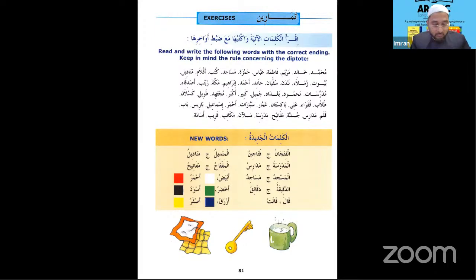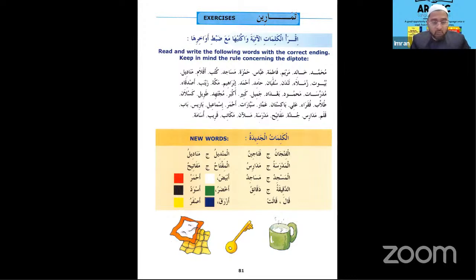Let me explain this now. Give me 1 second, let me write this out. So here, the genitive case of the diptote.